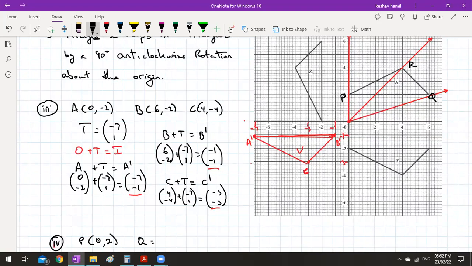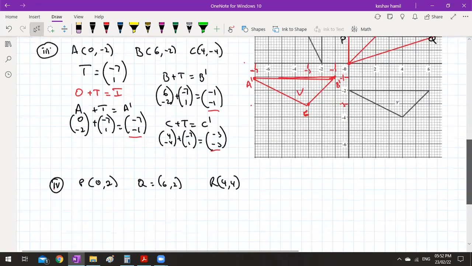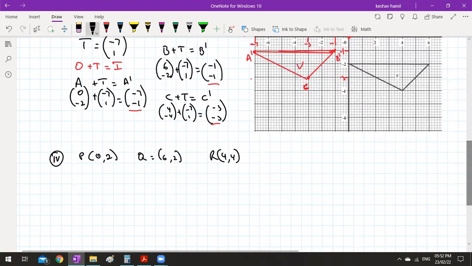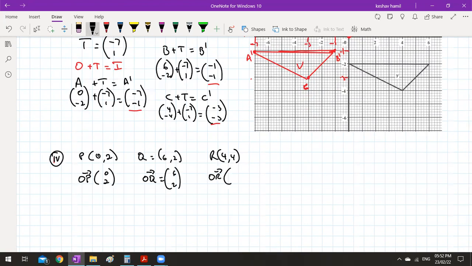Q would be 6, 2. And R would be 4, 4. Now, these can be written as vectors that I just showed you. So OP is 0, 2, OQ is 6, 2, and OR is 4, 4.